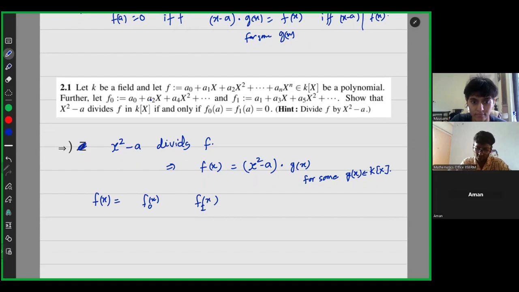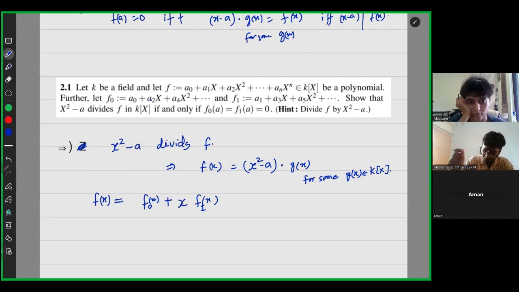For example, f has A0, and f0 also has A0, so we do not multiply anything but add them. But in f1 of x we have A1, and we want A1x, so we multiply by x here.